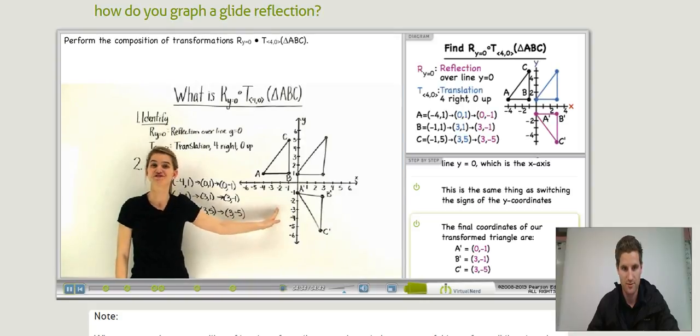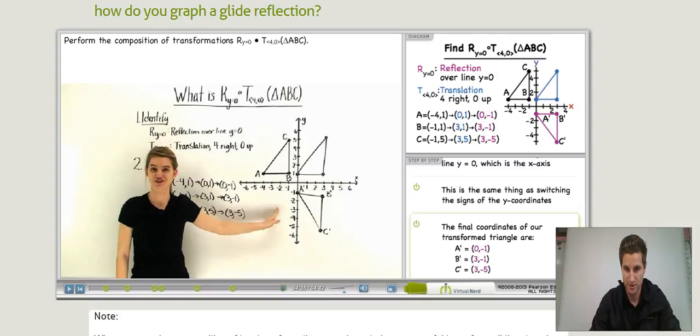Okay. Composition of transformations. Let's pause right here and just let me talk about one thing real quick. And that is, we did two transformations. I said previously that if we do two transformations, we could call one A prime, and then the second transformation would be A double prime.